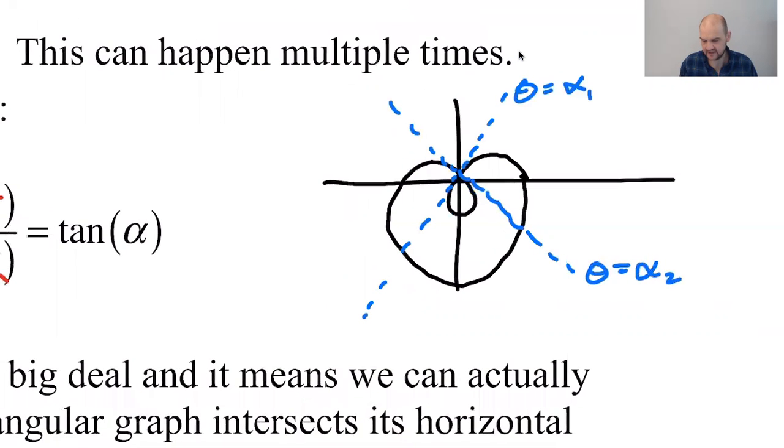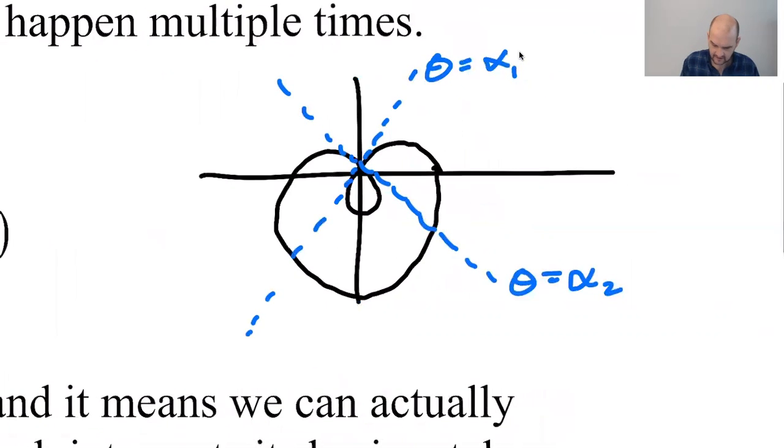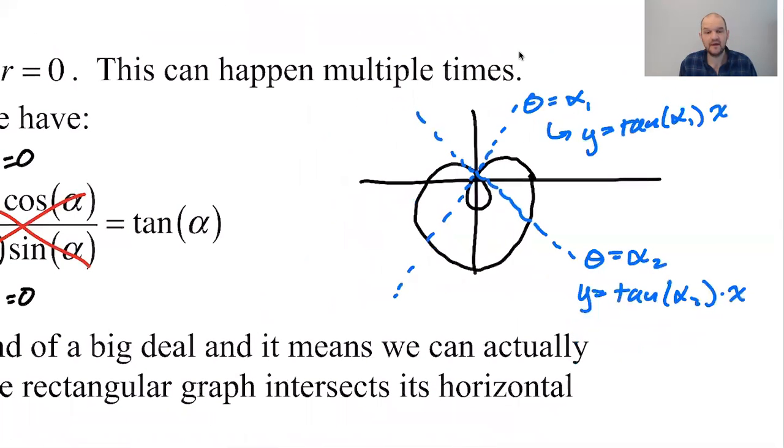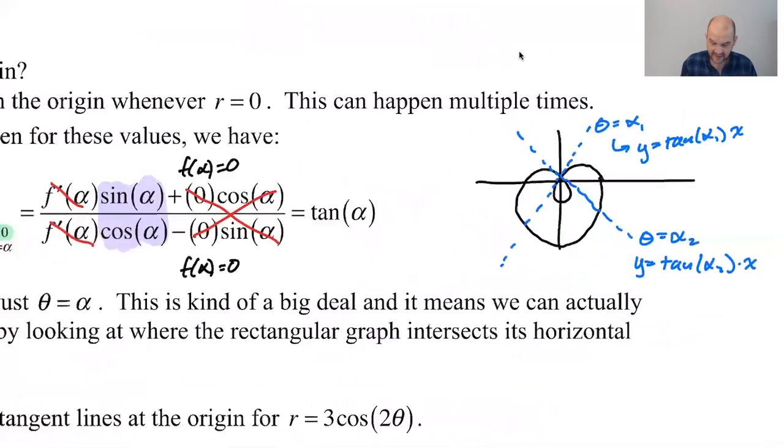So our tangent lines are theta equals alpha 1, theta equals alpha 2. But then if we want the rectangular version of that, it's going to be y equals the tangent of alpha 1 x, y equals the tangent of alpha 2 times x. So at the origin, we are definitely getting the tangent lines.